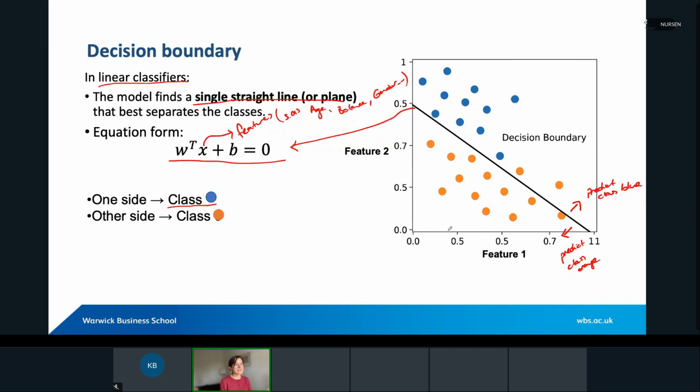If it is under the line, again, based on the majority, we predict the class. So class here is like fraud, not fraud. This is a classification problem, so we decide on the class of the target variable.